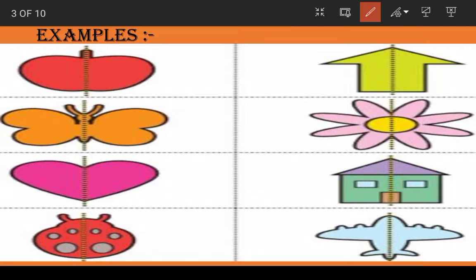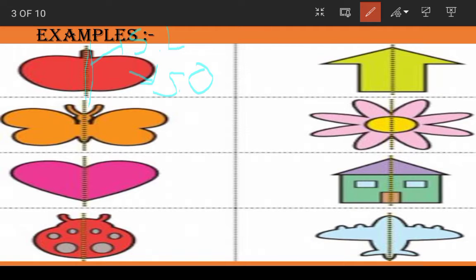When you cut it from the center, you will get two equal halves. So here we can say this is the line of symmetry and this is the symmetrical object.